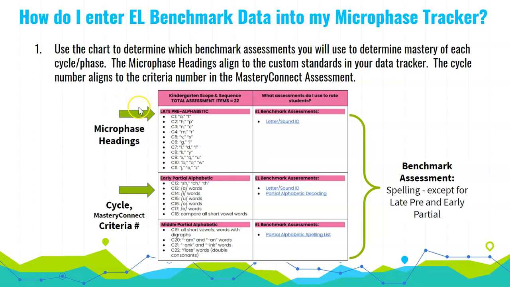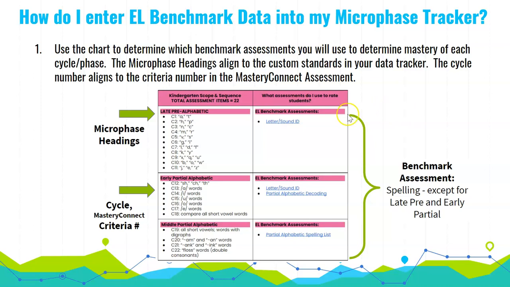On the left, you will see the microphase headings, for example, late pre-alphabetic. Under each microphase heading, you will see the cycles. It is important to note that the cycles align to the MasteryConnect criteria number. On the right-hand side of the chart, you will see which benchmark assessment to use to rate student mastery in each cycle.